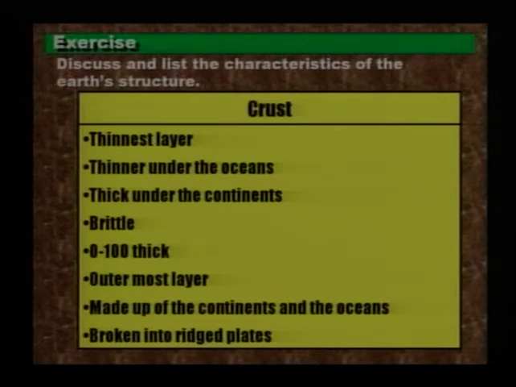You also mentioned that the crust was brittle, and because it was brittle, it could be easily broken, cracked, pushed upwards or downwards, and so on. You also noted that the crust was between 0 to 100 kilometers in thickness.